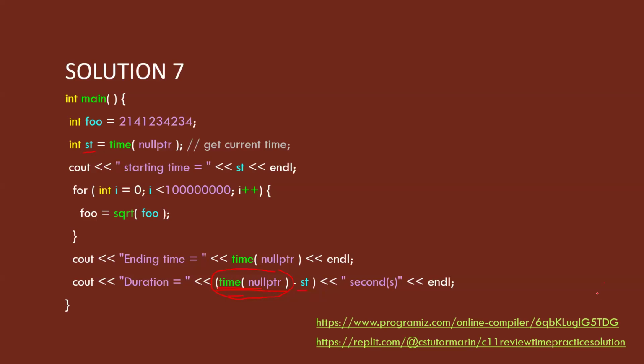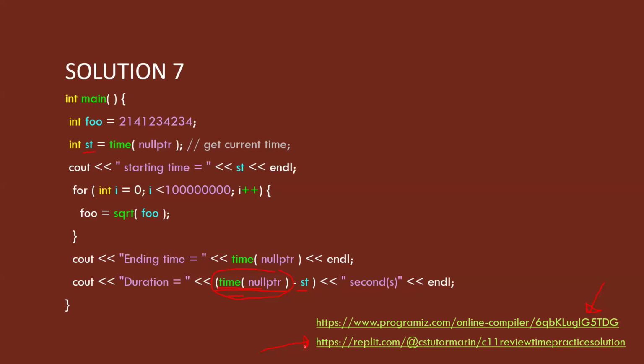What's interesting is if you compare the time on Program IZ to the execution time on Replit, they are shockingly similar, but not the same. They're pretty much 3 seconds, but they differ by microseconds. So it's kind of like, who's using the faster computer?